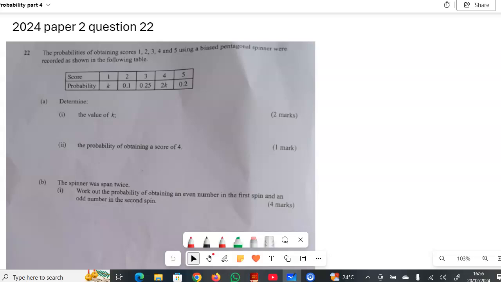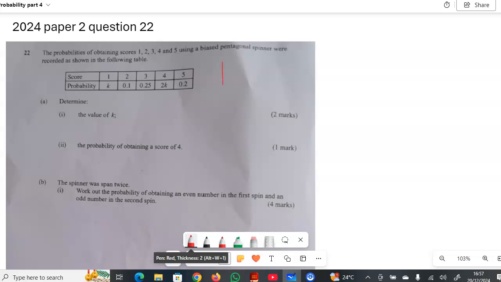Work out the probability of obtaining an even number in the first spin and an odd number in the second spin. As we can see, we know that the probability lies between 0 and 1, and the probabilities of all of the scores 1, 2 to 5 should add up to 1. So that is the idea that you should have before we answer our first one.